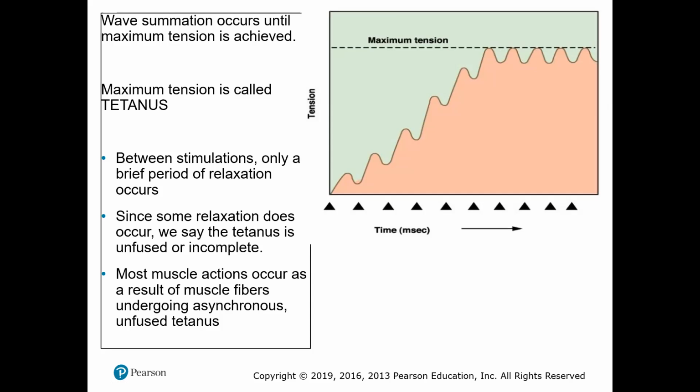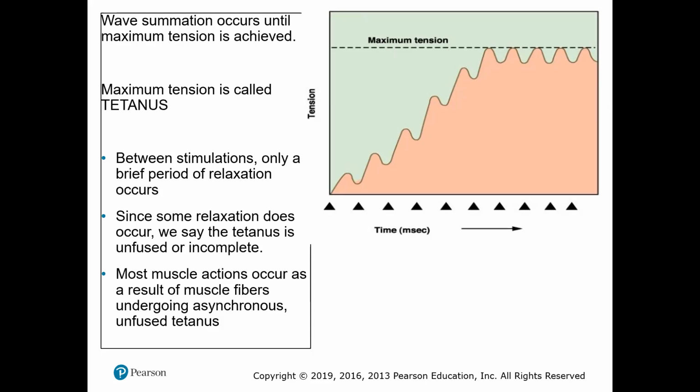We're exposing more binding sites, and the myosins can grab onto more and more actins and create a greater force of contraction because there are more places to attach to. And so we can continue doing this until we achieve a maximum strength of contraction. We generate the maximum tension where you can't generate any more strength.